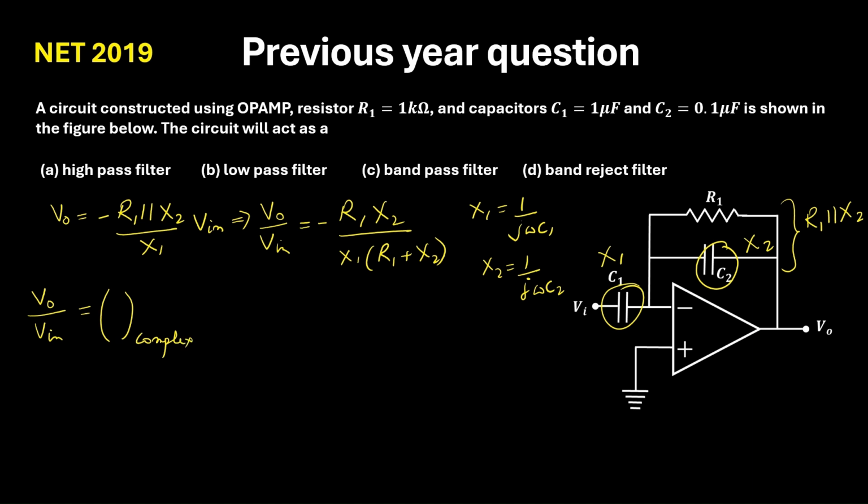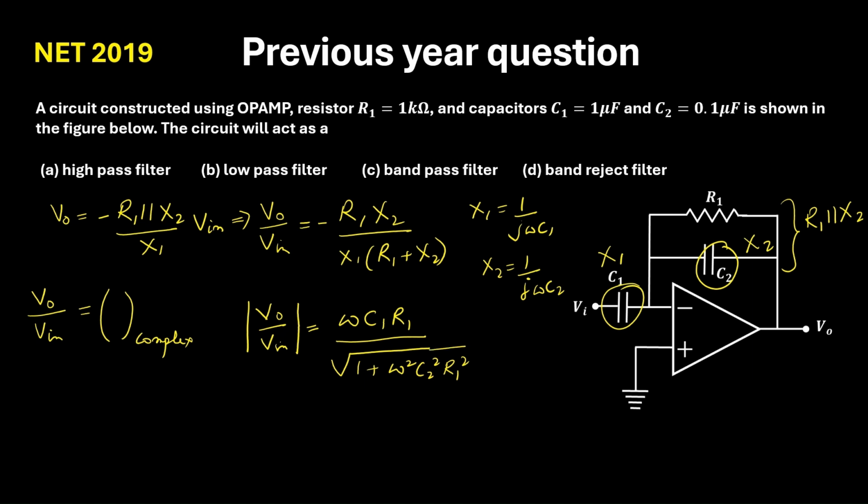So what you can do is reduce it to polar form and consider only the magnitude. I'm writing the final expression here. V naught by V in is equal to omega C1 R1 divided by root over 1 plus omega square C2 square R1 square.